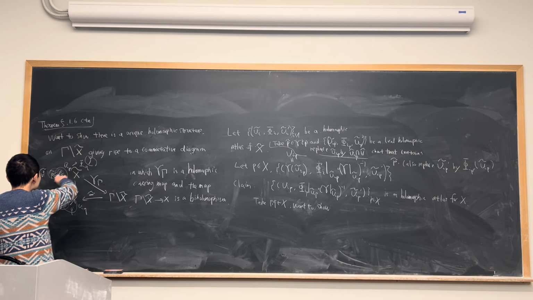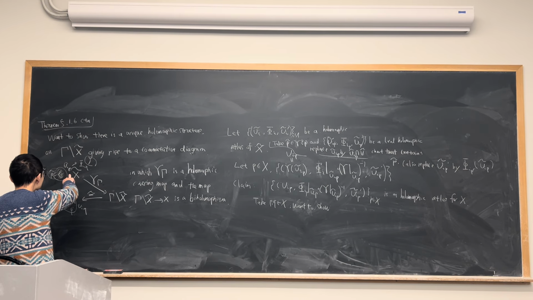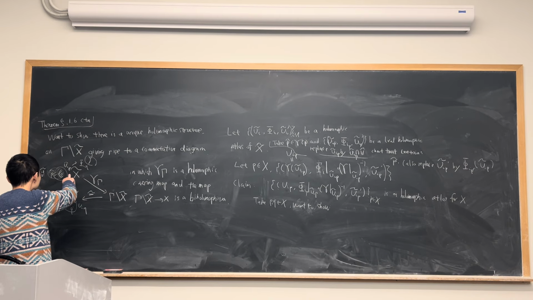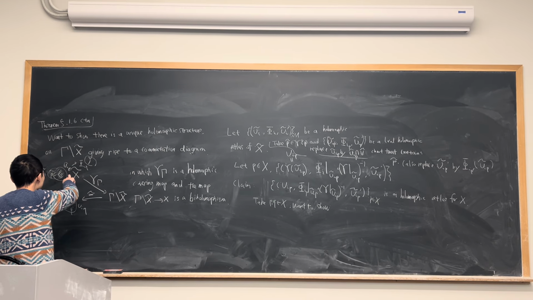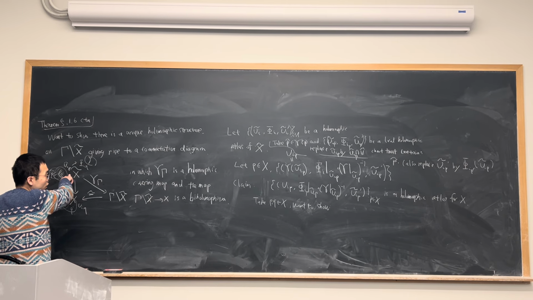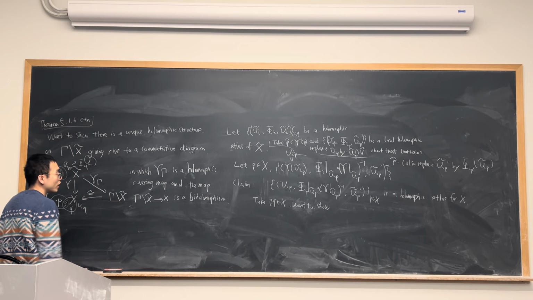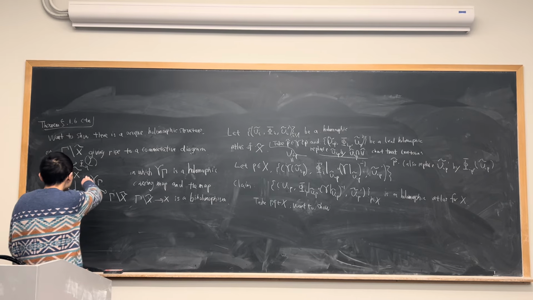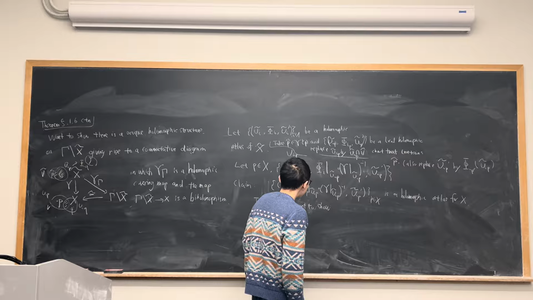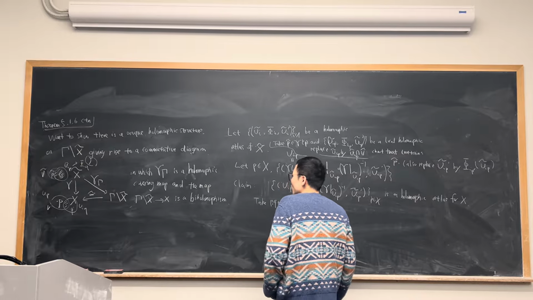So that reduces to the case where this is just a map between this x tilde, and because this map between this x tilde is by definition a chart, it comes from the chart in this x tilde, therefore it is a holomorphism.